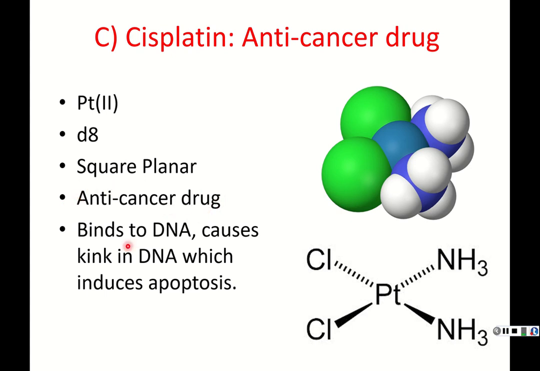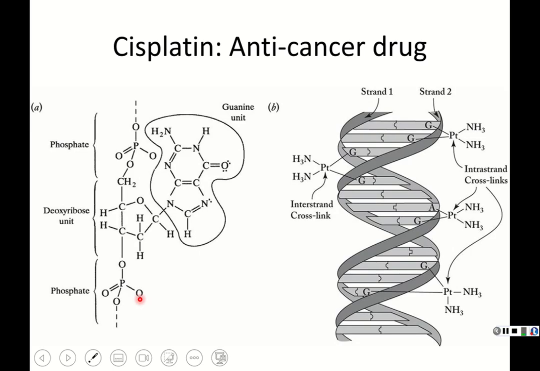It binds to the DNA, causes a kink in the DNA, which induces apoptosis. If we look at this double-stranded DNA shown here, the guanine base is shown here. That's the one that cisplatin is preferentially binding to.